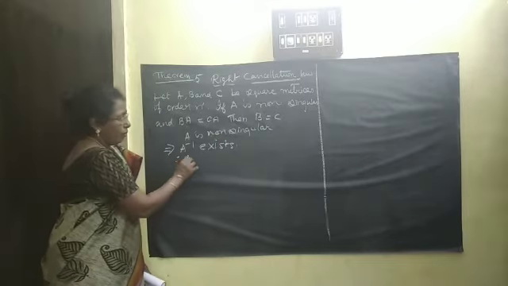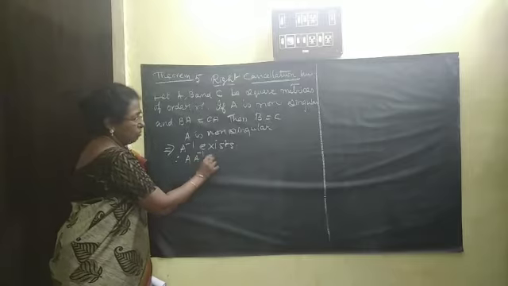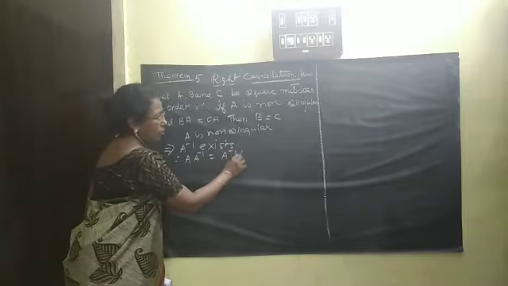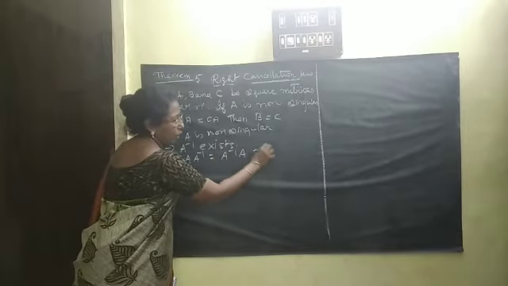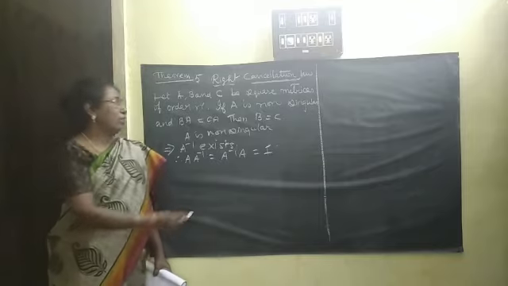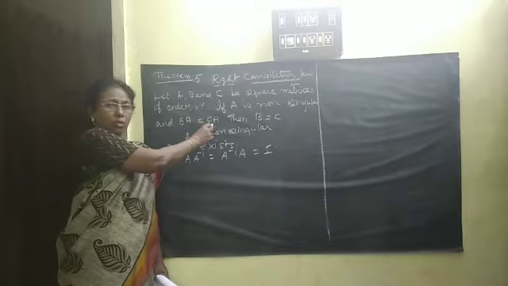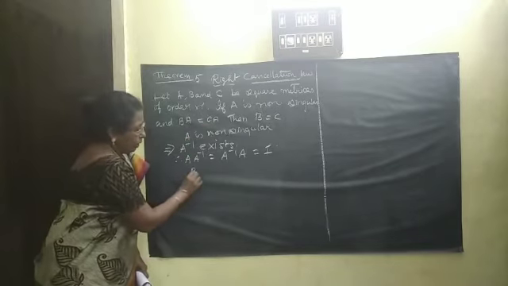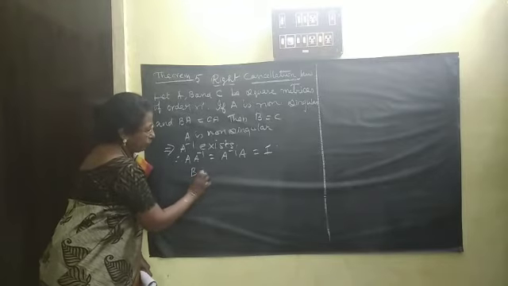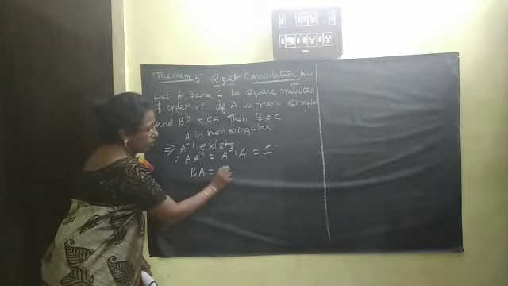Therefore, A inverse A is equal to I. We are given BA is equal to CA.